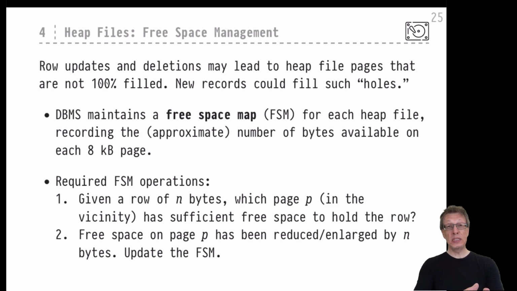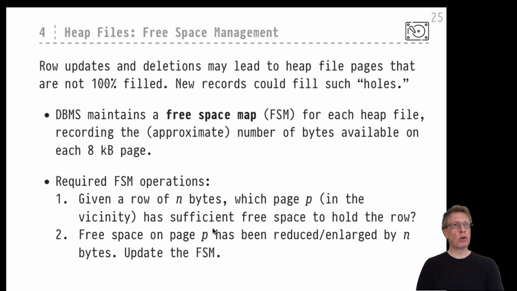Physical vicinity means less seek operations, less rotational delay, more efficient block access when I'm talking to my SSD and my HDDs. So, hey, free space map, please give me free space on some page that is in vicinity of a given page. That's one operation.